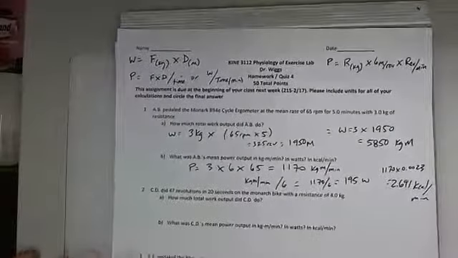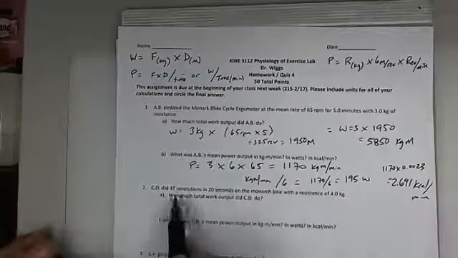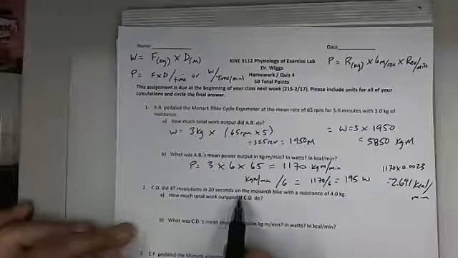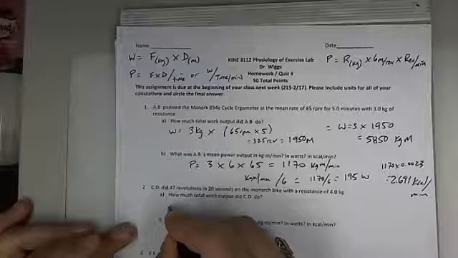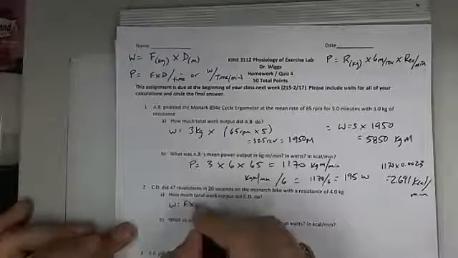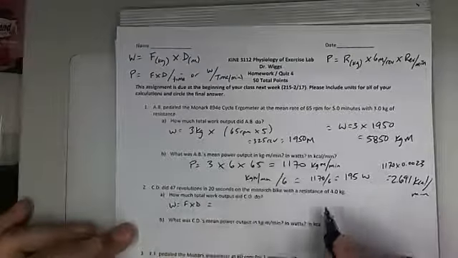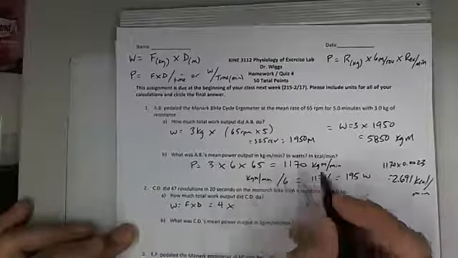Okay, in question number 2, the person did 47 revolutions in 20 seconds on the bike with a resistance of 4 kilograms. So how much work did we do? So again, we'll start out with work equals force times distance, where our force is 4 kilograms.